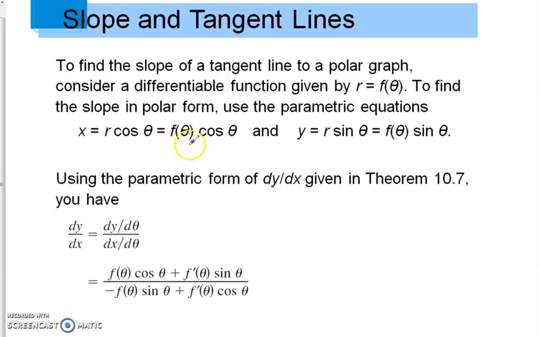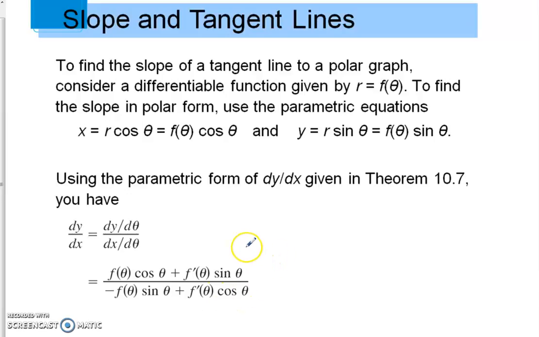When I take a look at these derivatives, what's the derivative of f of theta sine theta? Well, I have to use the product rule. So it's f of theta cosine theta, the first times the derivative of the second, plus f prime of theta sine theta, divided by the derivative of x: the first times the derivative of the second, which is negative sine theta, plus f prime of theta cosine theta.